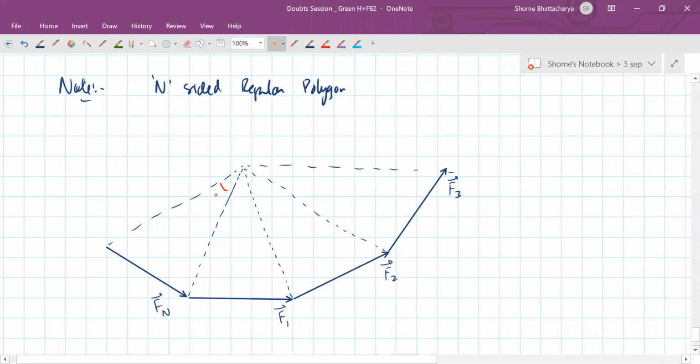So general formula wise, it's n sides. So these angles will become 360 divided by n. Okay. And the other thing is, because these will be equal, so these angles will be equal. Okay. So you can see alpha is 180 minus theta by 2, my mistake.